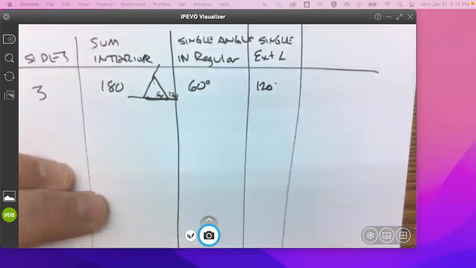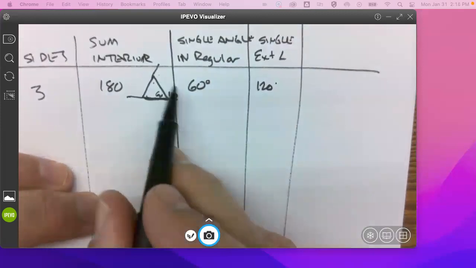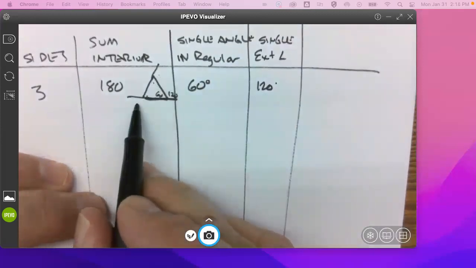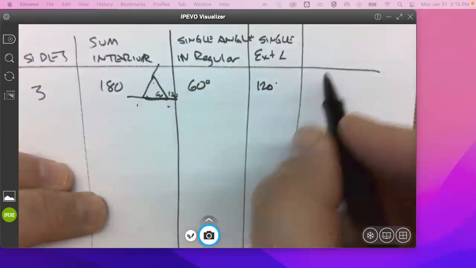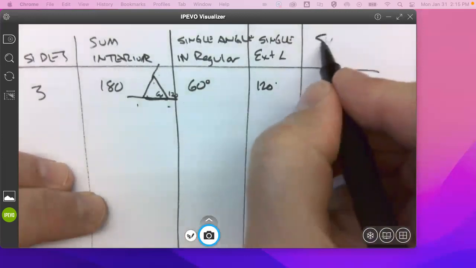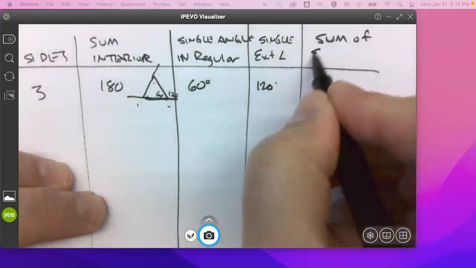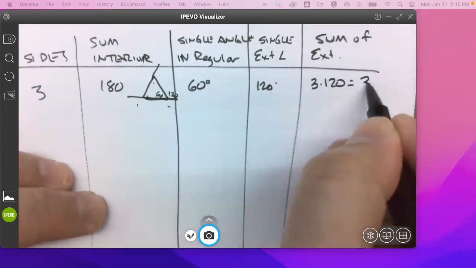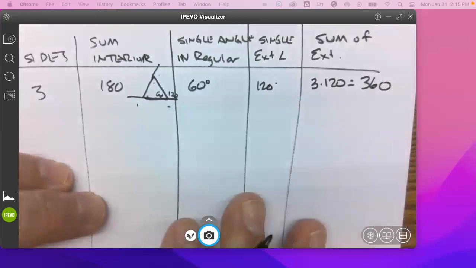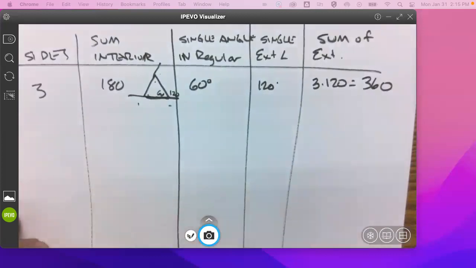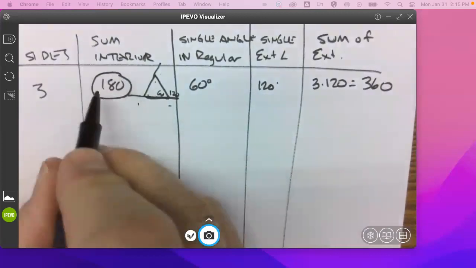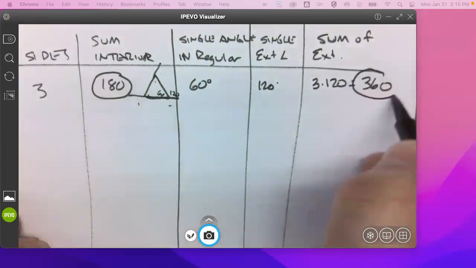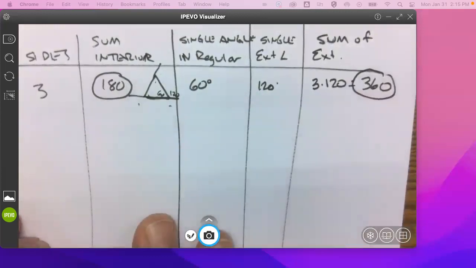Now, how many exterior angles are there in a triangle? 3, right? So the sum of the exterior angles would be 3 times 120 or 360 degrees. You guys with me? When the interior angle sum is 180, the exterior angle sum is 360.